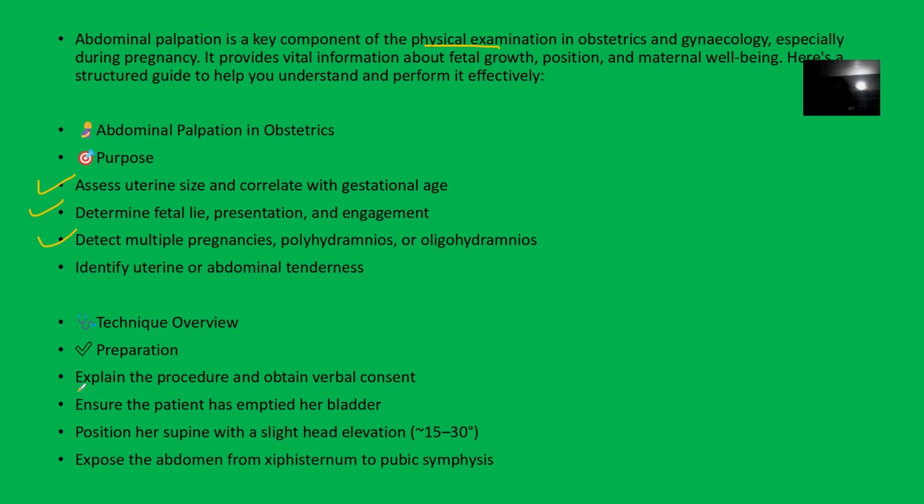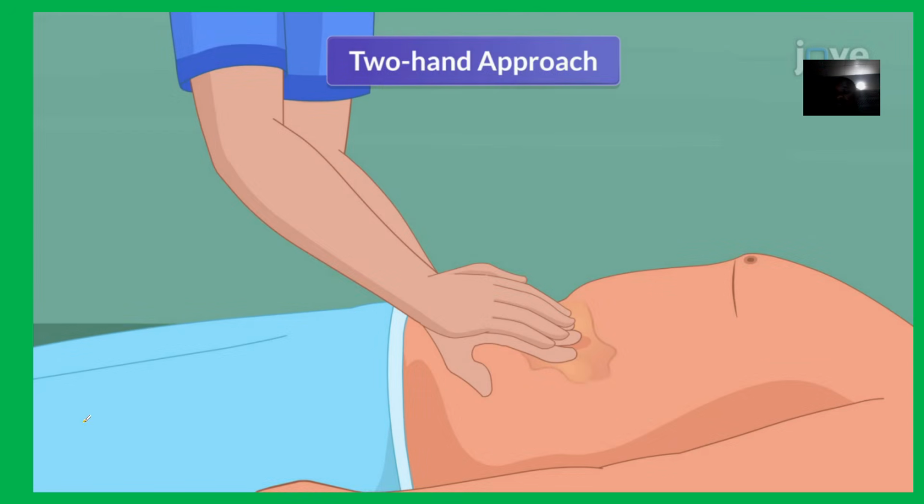Then make sure that she has emptied her bladder. Make sure that she's positioned supine with a slight head elevation. Then make sure that this is okay. In obstetrics and gynecology, no need to pull down, just draw the shirt up here. So from the pubic symphysis right to the xiphisternum, that's where you expose.